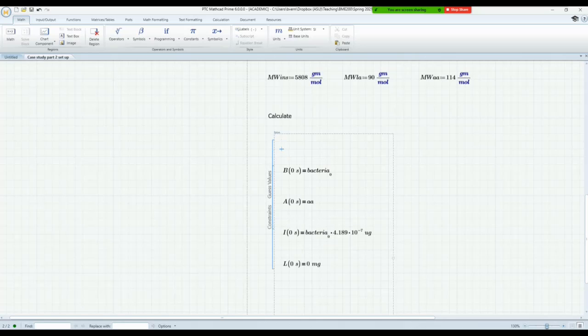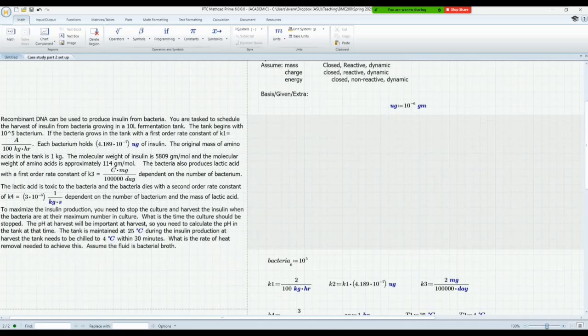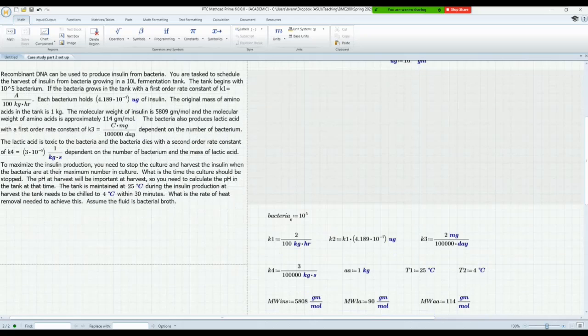So the bacteria, if you read up here, it tells you that it grows at a first order rate here. Was I not clear about the dependence on the amino acid? If I didn't, we need to change that. That is a first order, or actually that makes it a second order. But let's just do it as it reads here. It's a first order, so the amino acid is probably not important then.